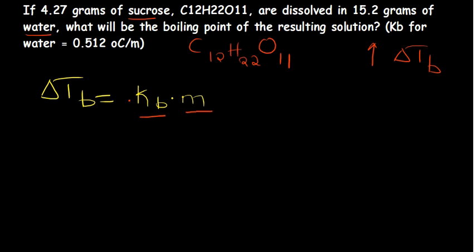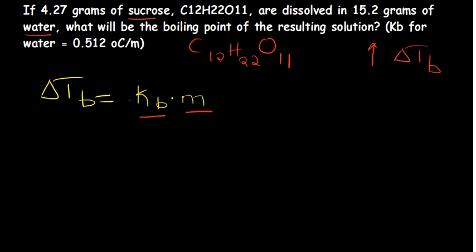Of course, there's an aspect of i, which depends on electrolytes. In this case, I don't think so. It's a non-electrolyte substance, as sucrose can't split into ions. So i is just equal to 1. But just know that in case you see an electrolyte, you're able to put the value of i, because it does have a very big effect on the solution.